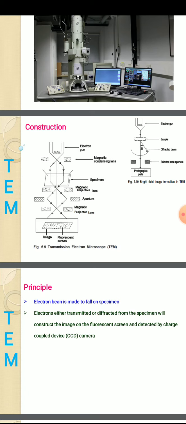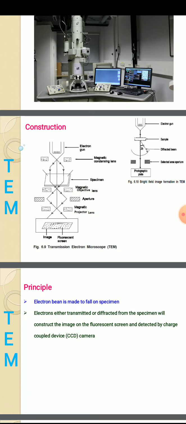But in the transmission electron microscope, the electrons are transmitted through the sample. So we can view the defects inside the sample also. Here the electron gun is used to produce the electrons.